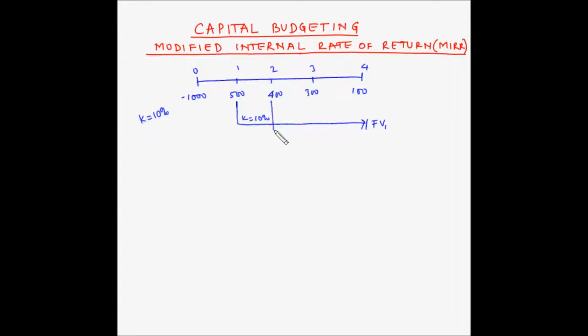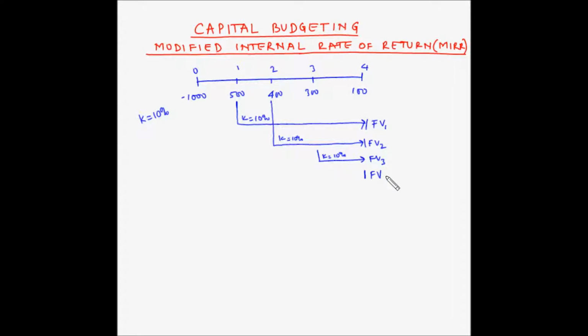Similarly, this 400 will be reinvested at K equals 10%. This will become FV2. Similarly, this 300 will be reinvested at K equals 10%. This will become FV3. And this 100 rupees will remain as it is because there is no more tenure for it to be deposited and gain interest.